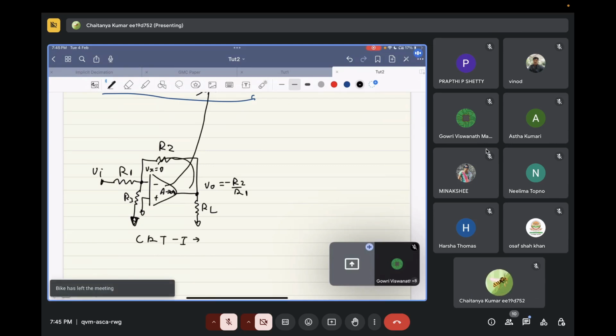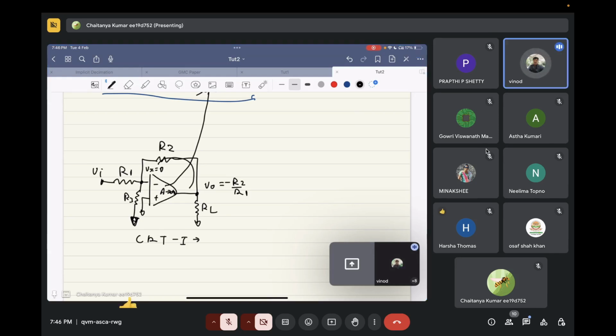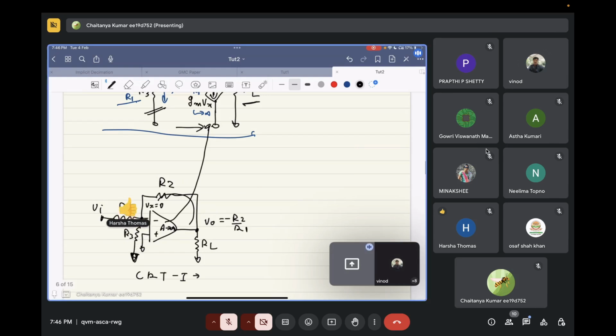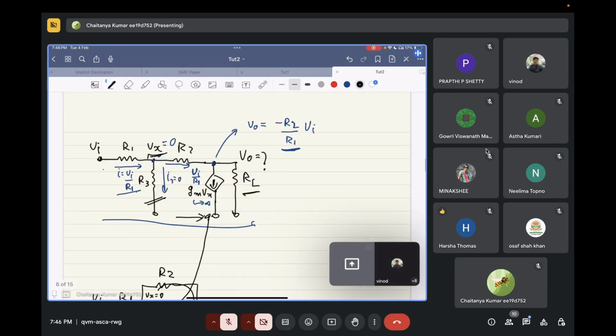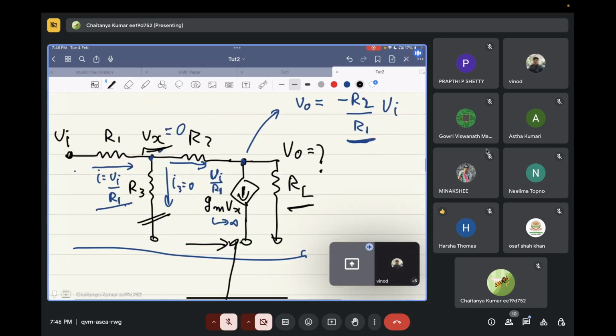Because through this R2, the negative terminal of the op amp is being hit, and this loop is being formed. It is a negative feedback. It is clear, right? Yes, sir. This one is a voltage controlled voltage source. Now, can you guys see a negative feedback over here?